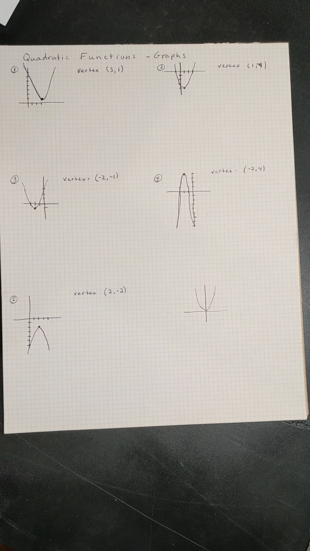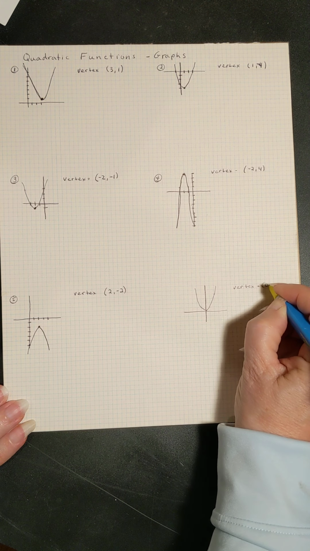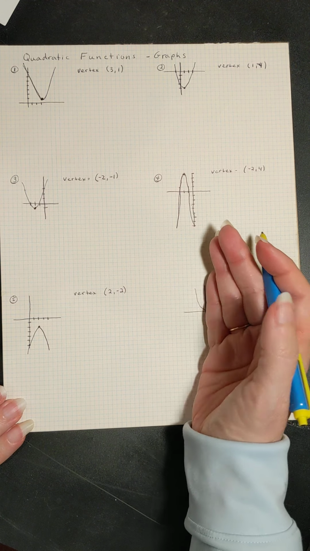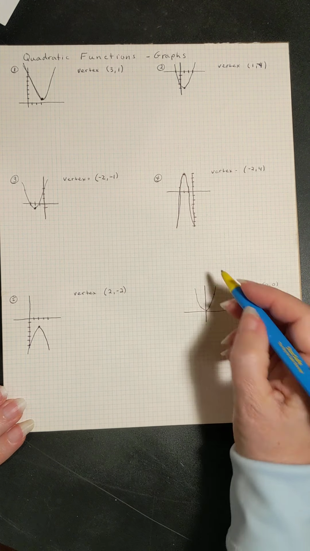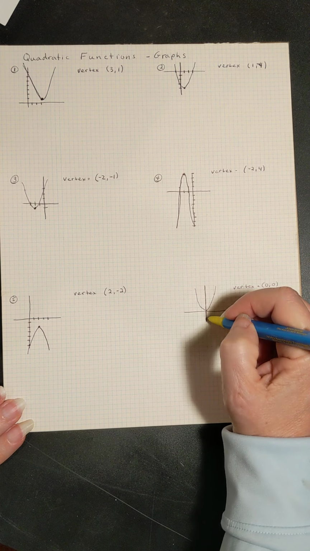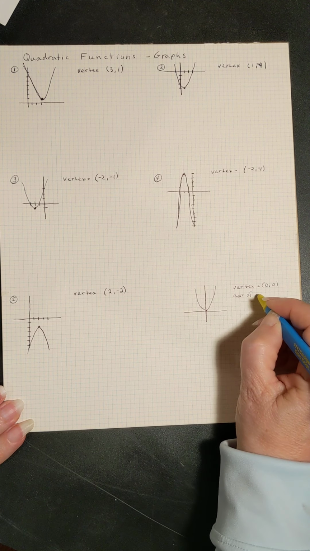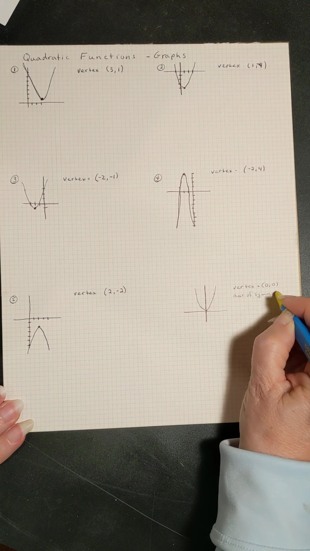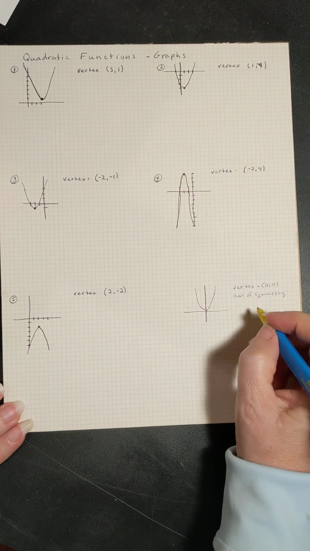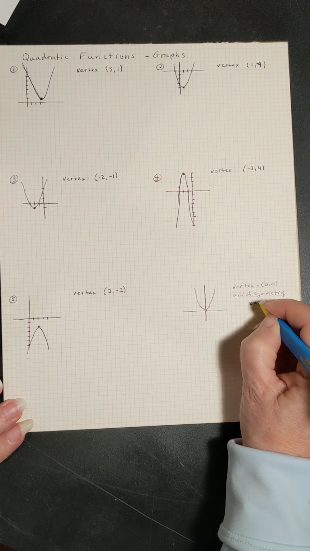And so on this one, notice that my vertex is the origin, because it starts here at the origin. Now, this axis of symmetry is this line that runs down through the graph and goes through the vertex. And so the axis of symmetry for this one is the y-axis. And the equation for this vertical line is x equals 0.